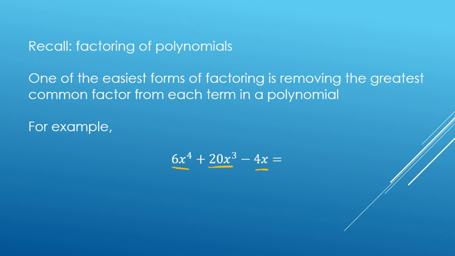So I can pull a 2 and an x out of there at the same time. So when I do that, that leaves me with 3x cubed plus 10x squared minus 2, and it's that whole thing being multiplied by that 2x.